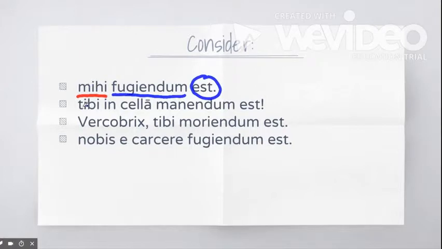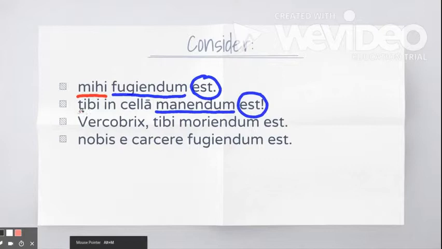In this sentence, tibi in cella manendum est. The gerundive is manendum. Est is that form of the verb to be. And then we have tibi, which is the dative noun. You must remain in your cell.